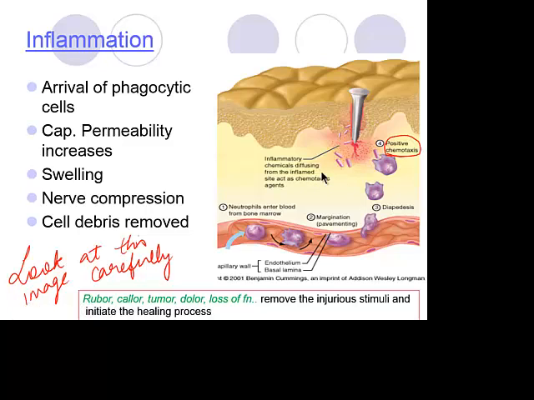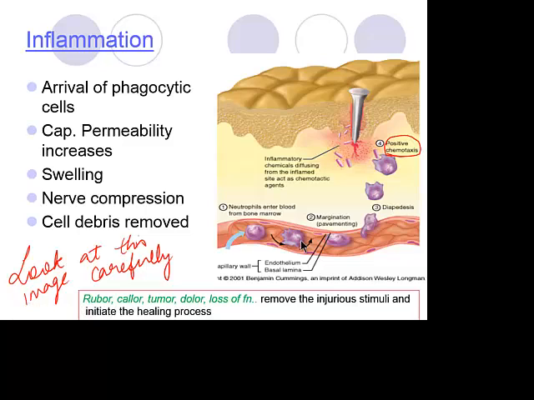Because of these chemicals, cells are drawn towards it. So these phagocytic cells arrive at the area where the damage is done so that they can take care of the cell debris.